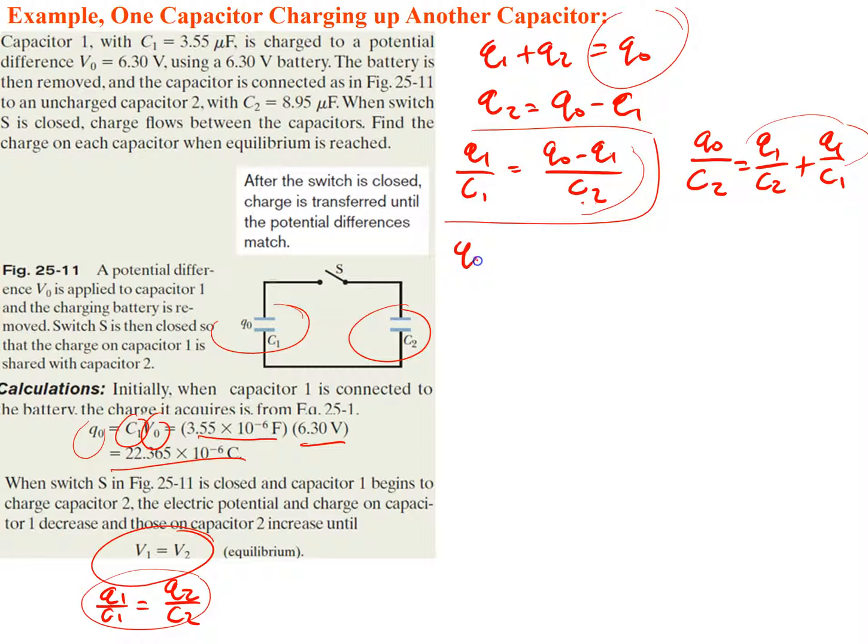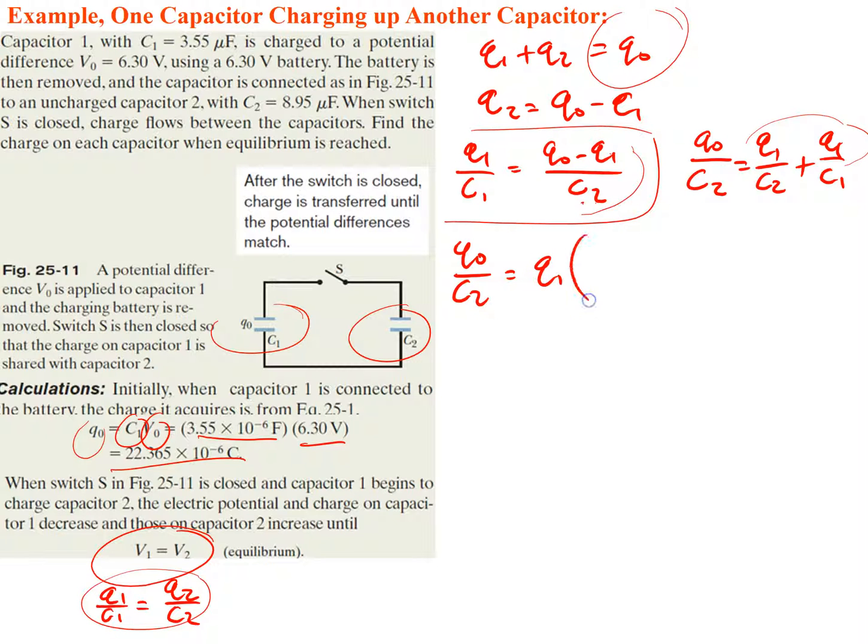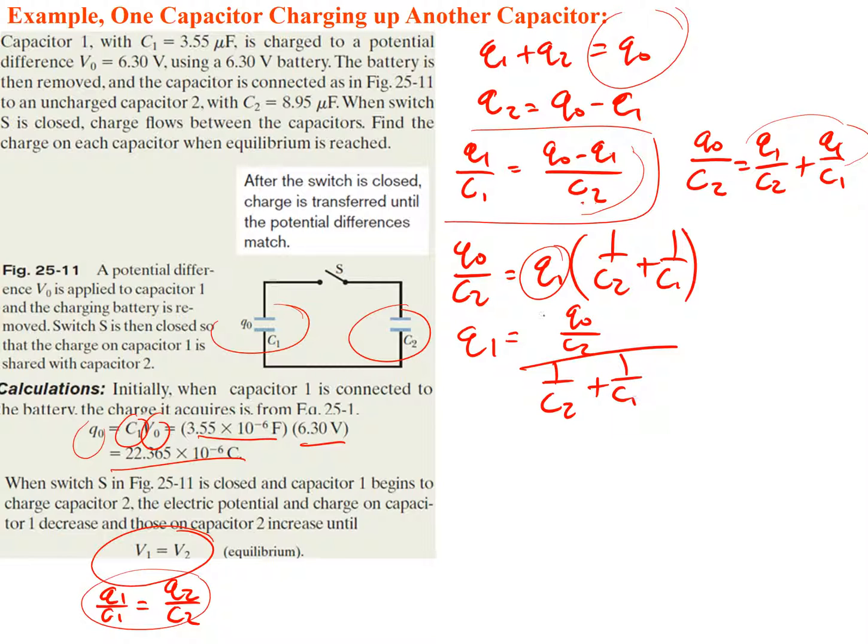I get Q0 over C2 is equal to Q1 times 1 over C2 plus 1 over C1, which means, solving for Q1 by itself, Q1 is Q0 over C2 divided by this big mess, which is 1 over C2 plus 1 over C1. Plugging in, we know everything on the right side of this equation. We know the capacitance, and we know what our total charge was. We found that earlier up here.